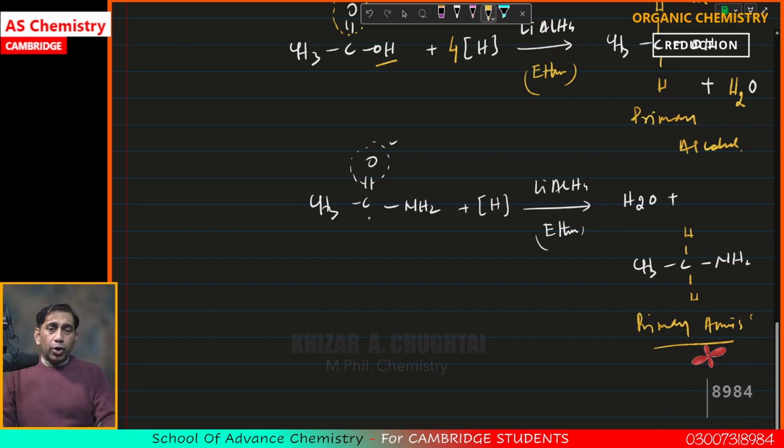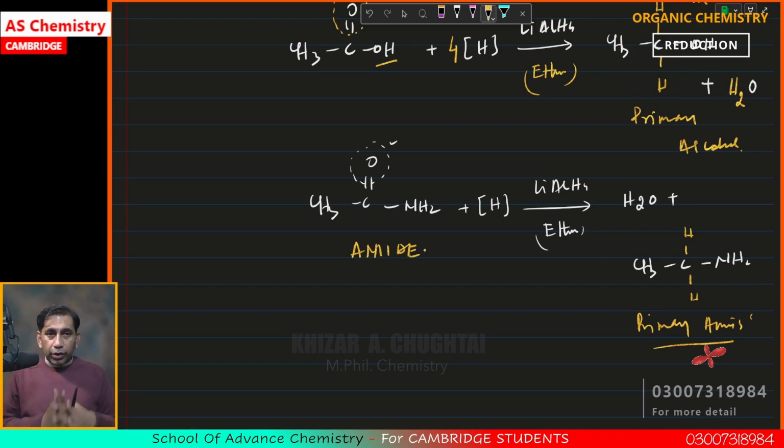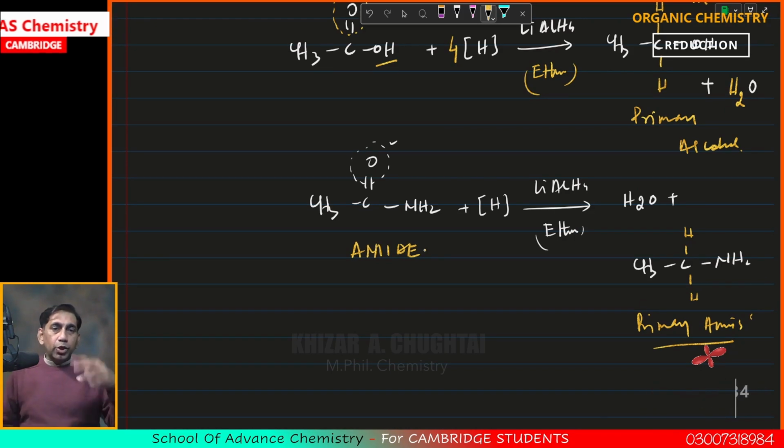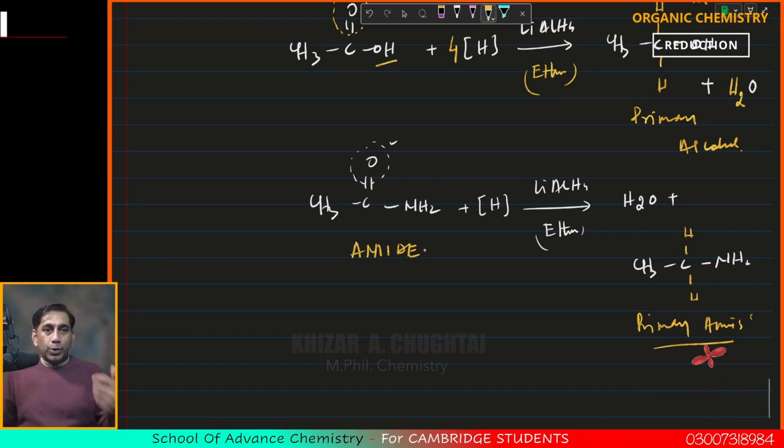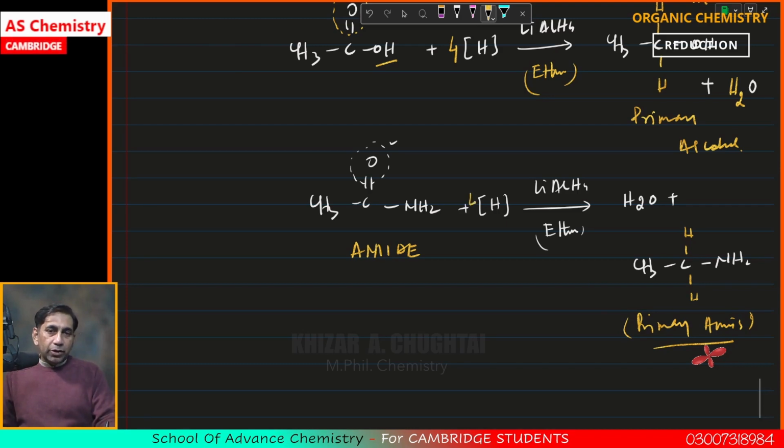Whenever you are going to reduce any amide, you will make two compounds: one is water, the other one is primary amine. And now to balance this equation, I am going to put 4 over here, and boom, it's balanced.